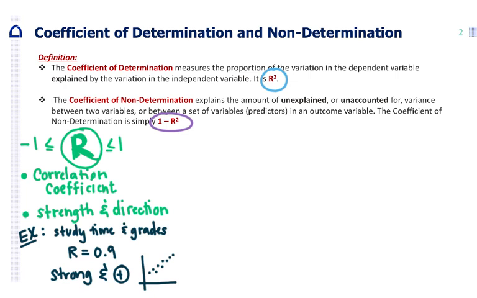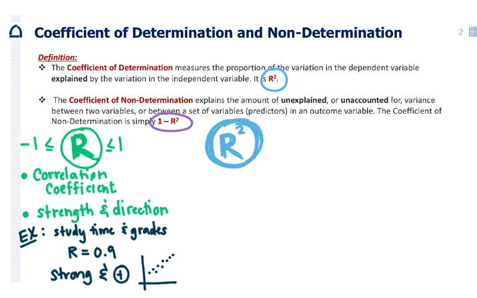I say that as a review because we will use r to find the coefficient of determination, which is r squared. So for r squared, you just take the r that you got from your calculator, the correlation coefficient, and you square it. Now, if you square something, you are only ever going to get positive values.